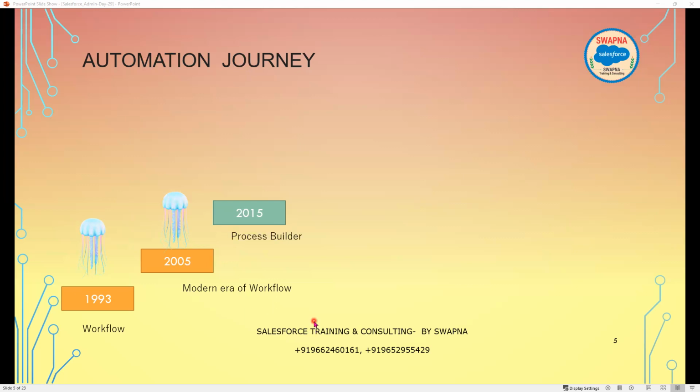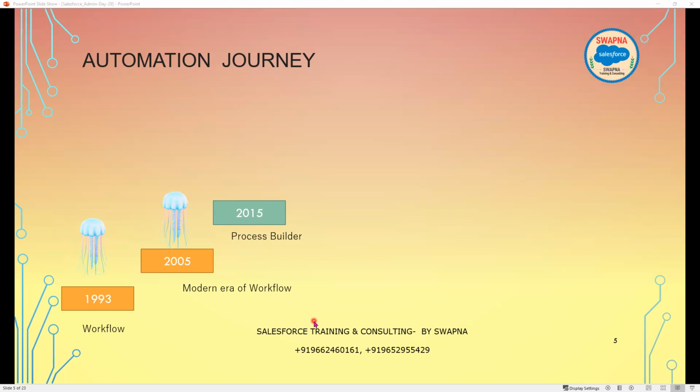A workflow is more of a classic view where you need to add the fields. Now Salesforce has come up with a graphical interface where you can add if-else conditions. In workflow, that was not there; if-else conditions you cannot add.